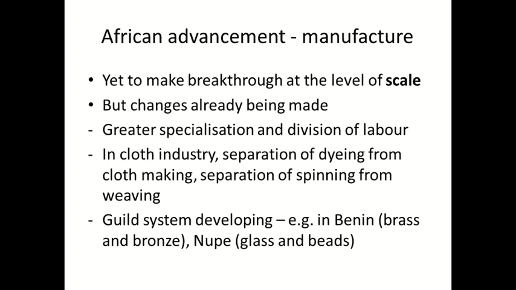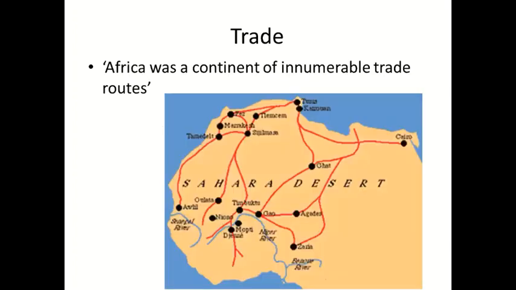So we're already seeing the guild system developing in Benin Kingdom. We had brass and bronze guilds in Nukbe. We also had glass and beads guilds. And basically, the guild is a group of specialists who come together as an association to increase the skills and techniques, and to pass on the skills and techniques over time, and so on. So that was going on.